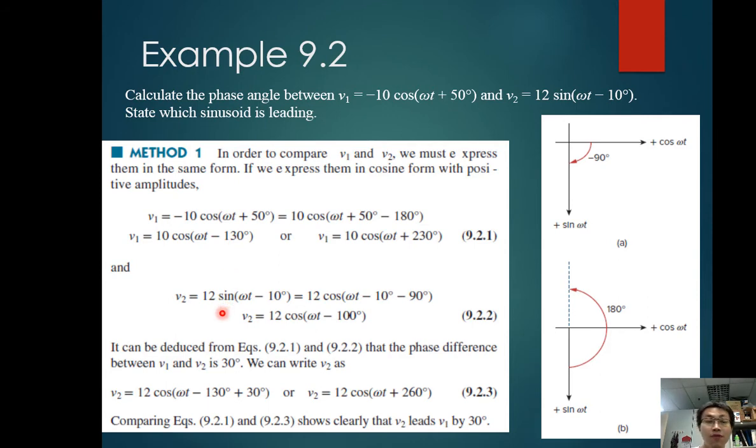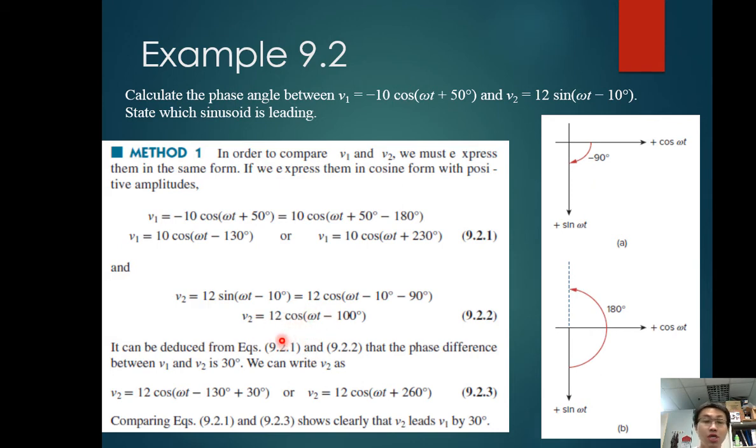Next, I change V2 from sine to cosine and maintain positive polarity. So 12 I copy, sine I change to cosine, omega t I copy, negative 10 I copy. When I change sine to cosine, it must be negative 90, as referring to here. So by adding up, I have V2 equals 12 cosine(omega t minus 100).